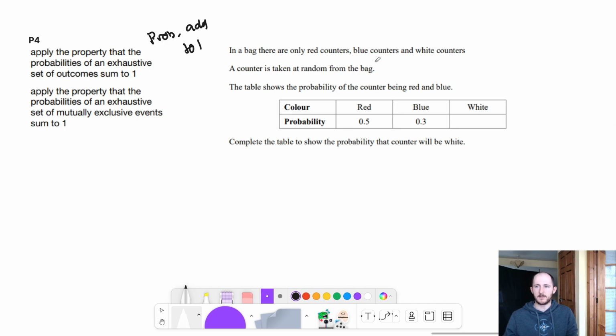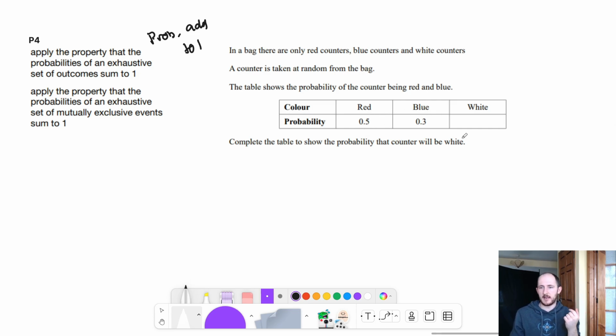I only have red, blue or white. So if I put my hand in a bag and I pull out a counter, the only possibilities are that it's red, blue or white. No other colour. So logically speaking, the probability of getting red plus the probability of getting blue plus the probability of getting white should add up to 1 because it's guaranteed that I get one of the 3 colours.